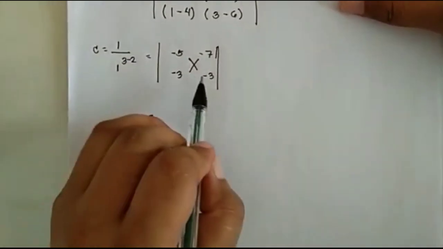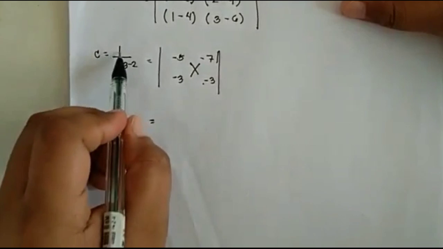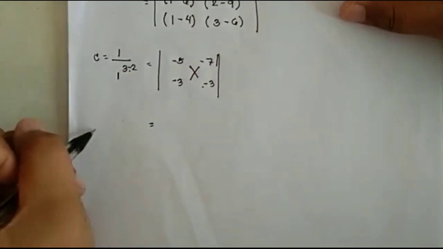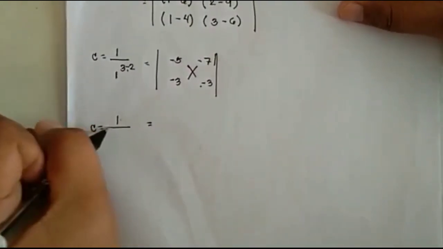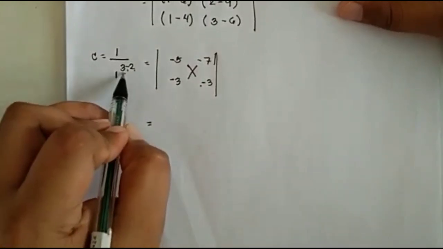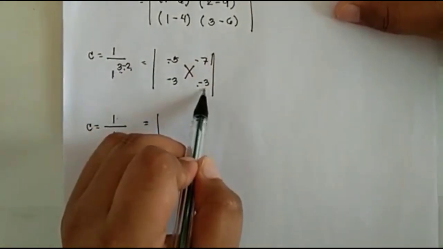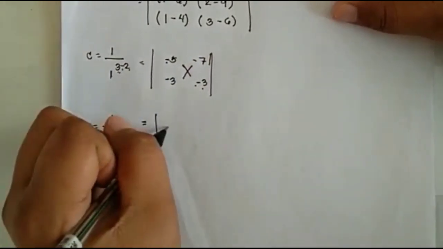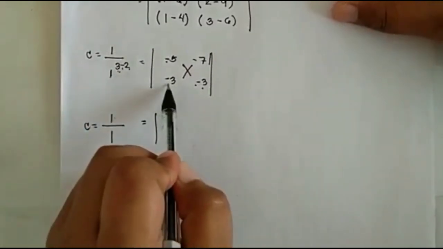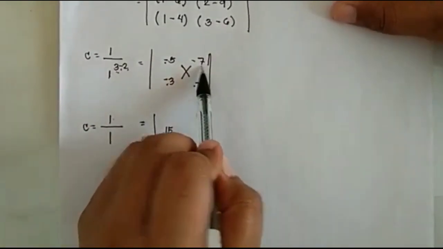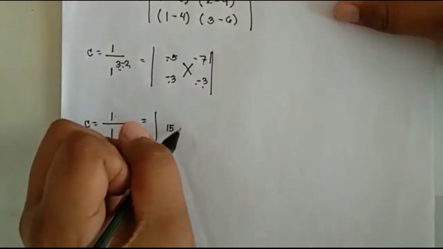And then we have to do the cross multiplication again. So before doing the cross multiplication, we have to simplify this one. So C is equal to 1 all over 1 raised to 3 minus 2, which is 1 raised to 1, is equal to 1. And then negative 5 multiplied by negative 3 is equal to positive 15. And then negative 3 multiplied by negative 7 is equal to 21.